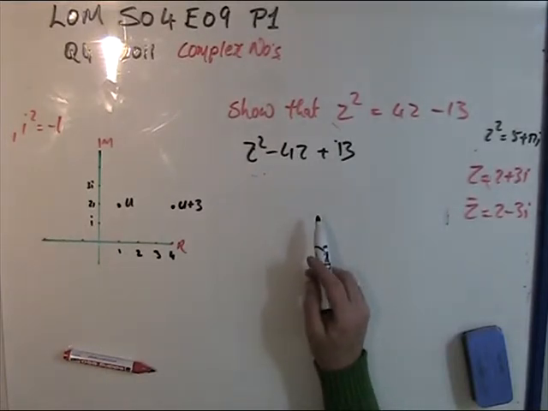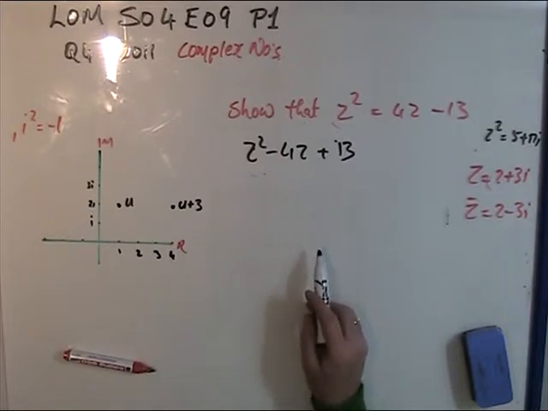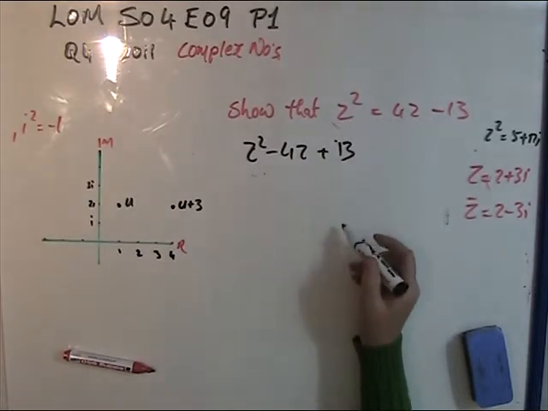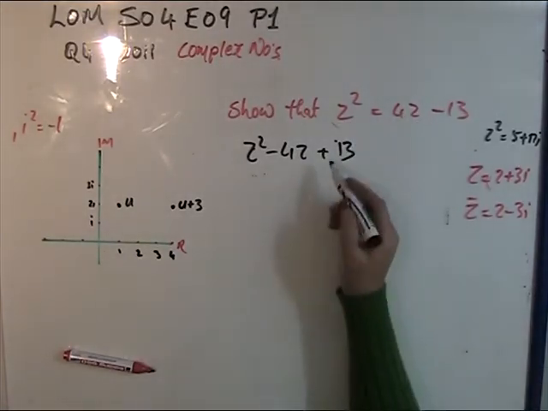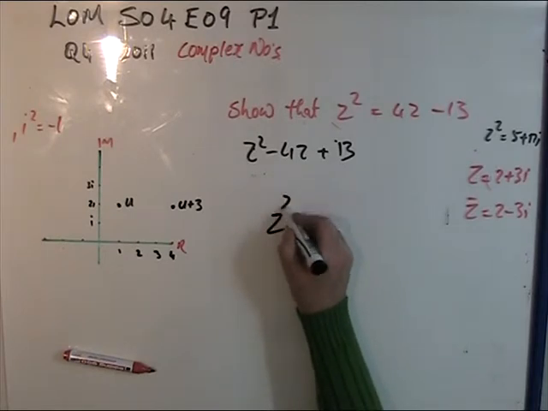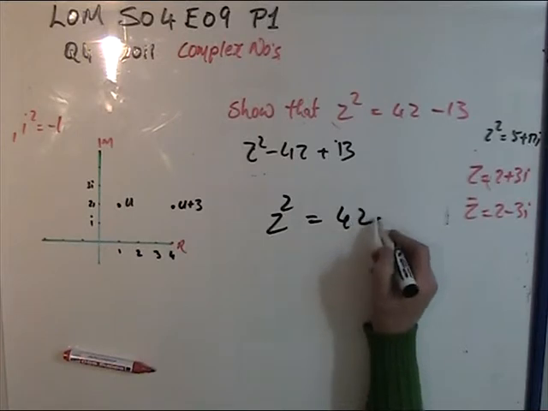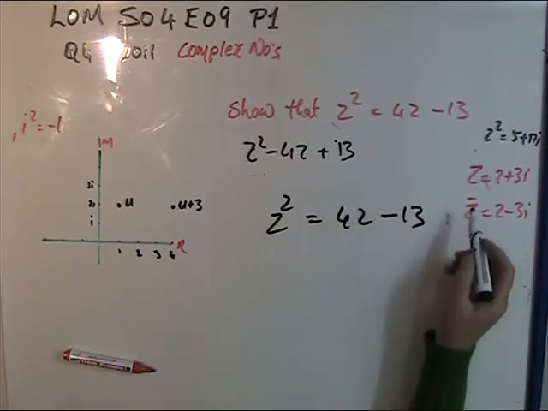So that was your choice to do there. Or you could just put in your values for z and make sure. So there's another way you can do it. You've proved that the roots are equal anyway. Let's have a look at this way. I can put in a root there.